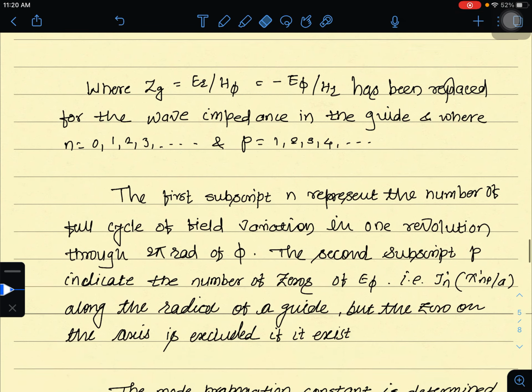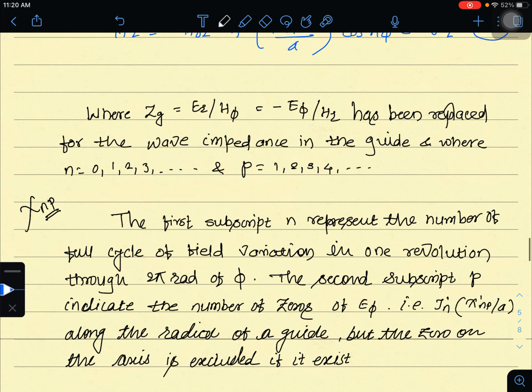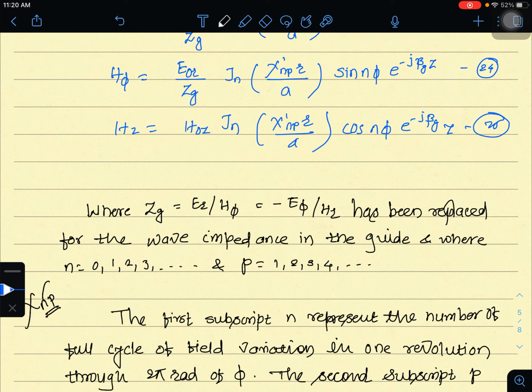Now we see in that factor the x is completely related with the NP. The first one, n, the first subscript, represents the full cycle of field variation, which is one revolution.